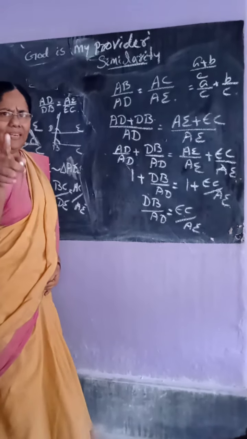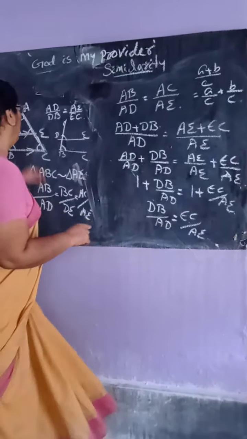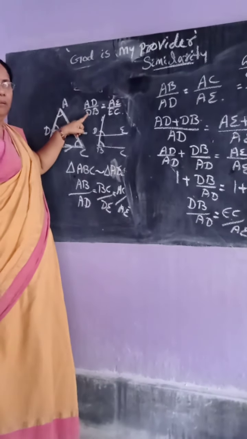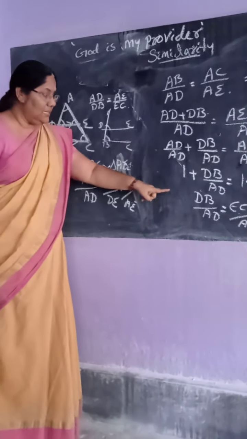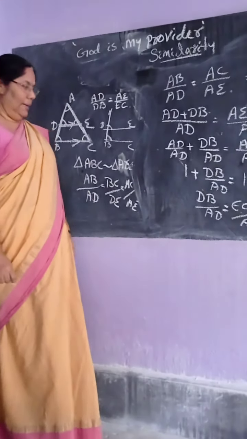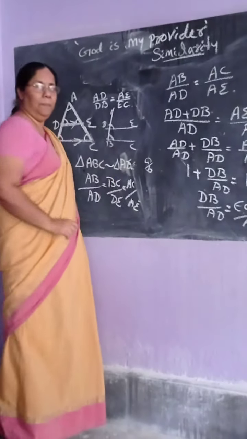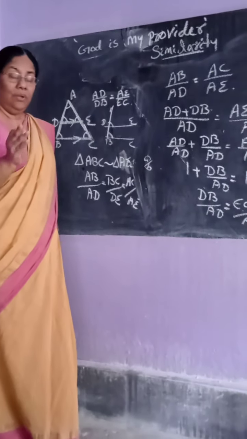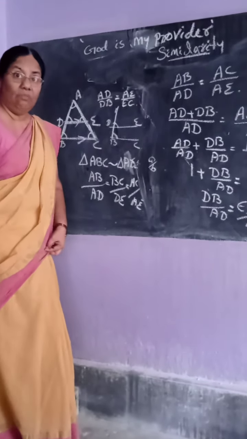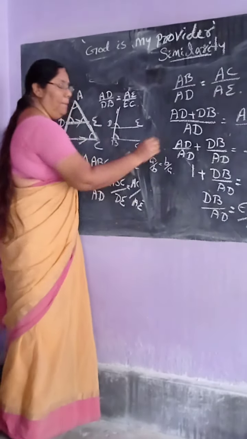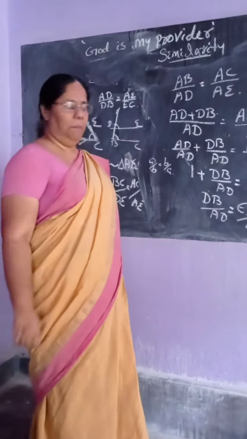Understand? Then what do we have to prove? We have to prove AD by DB, but here the answer is DB by AD. A by B, that ratio we can invert and write as B by A. The ratios will be the same.